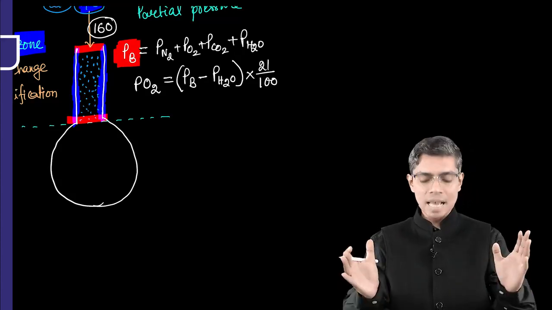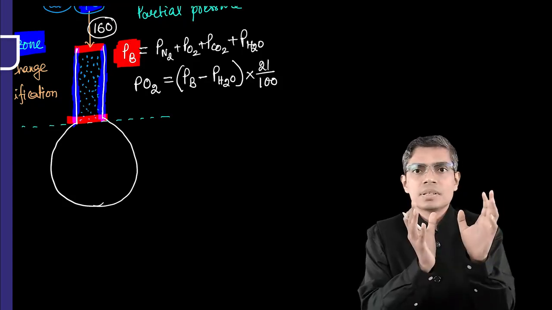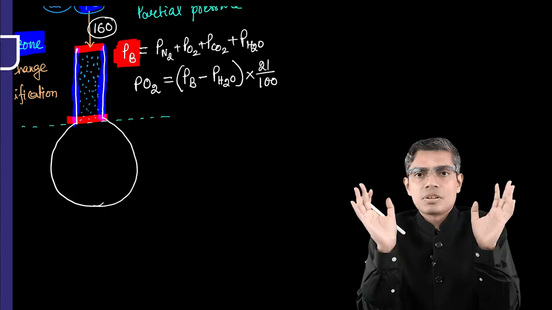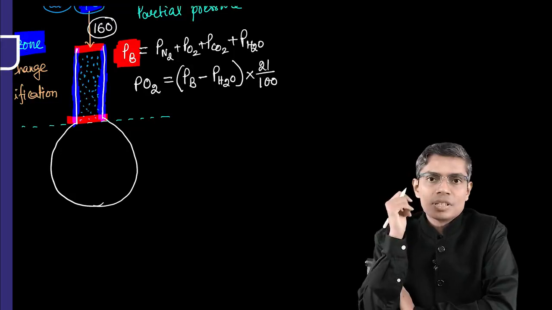So the percentage of oxygen is not changing, but the total pressure is changing, and that is why I am using this formula.